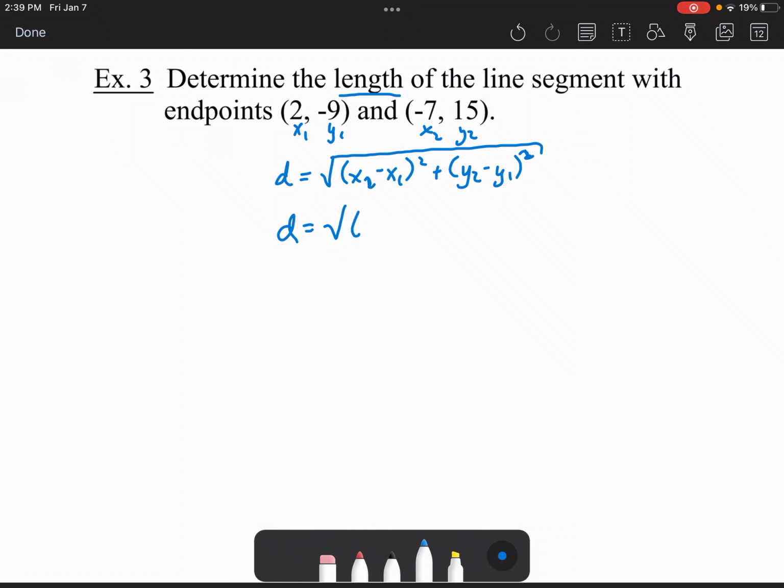Okay, so now we just substitute the numbers in. We put our values under the square root in our calculator.